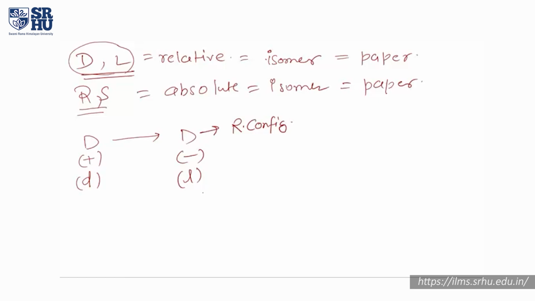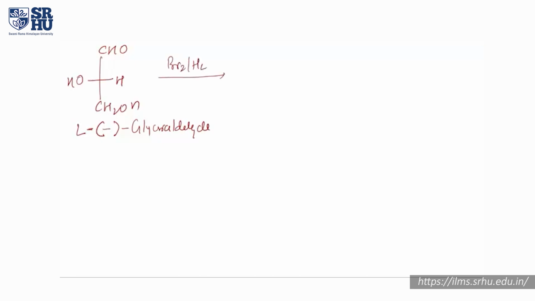Okay, now let us take one more example, similarly, of L-glyceraldehyde. Say we are having L-glyceraldehyde, and you know that in L-glyceraldehyde the OH has to be represented on the left-hand side, with CHO and CH2OH. We already know that L-glyceraldehyde is levorotatory. Now we react it with bromine, Br2 and H2O, as we did with D-glyceraldehyde, and perform the oxidation.